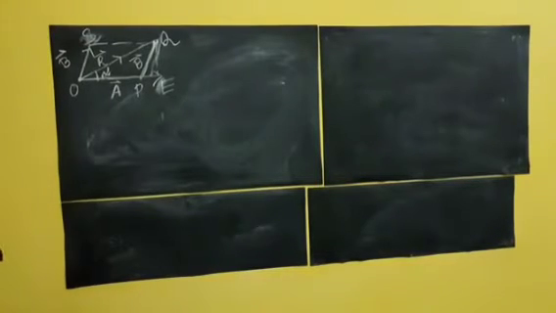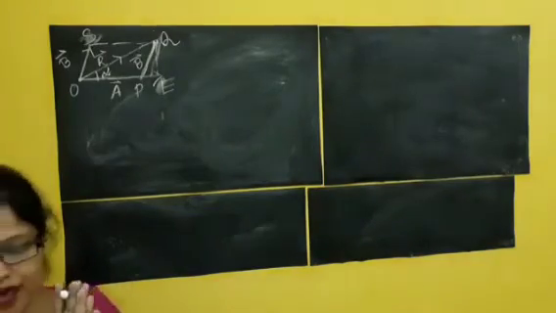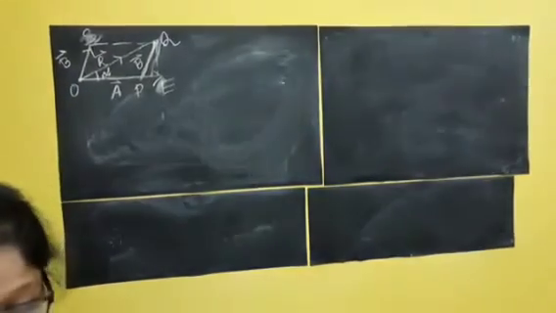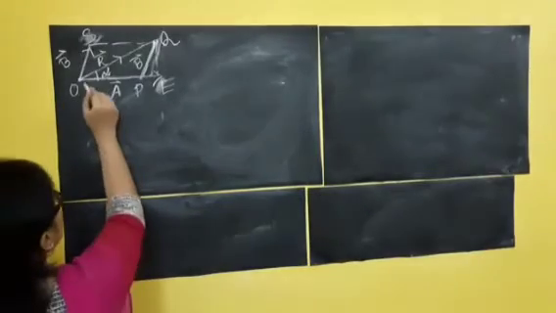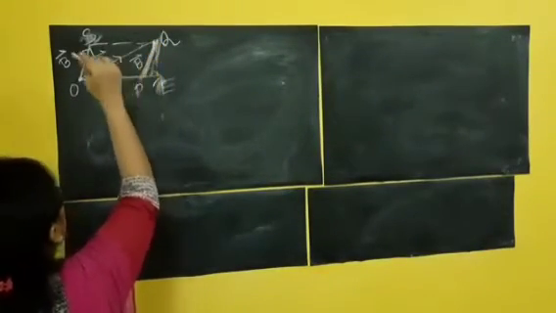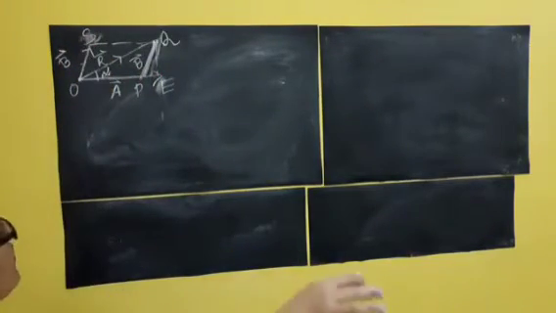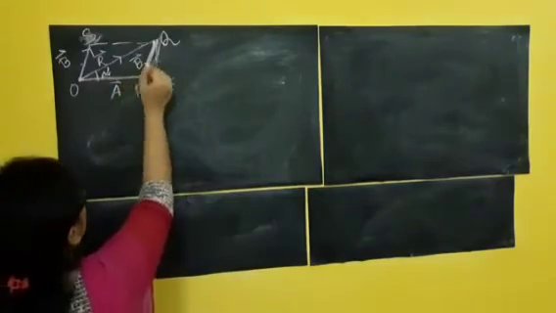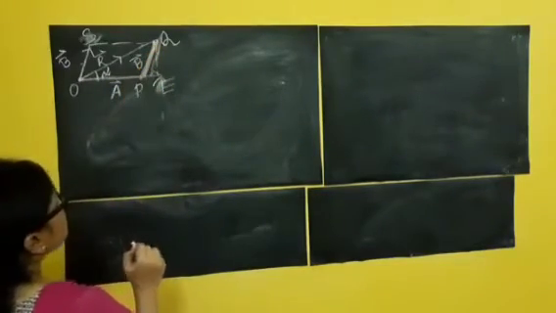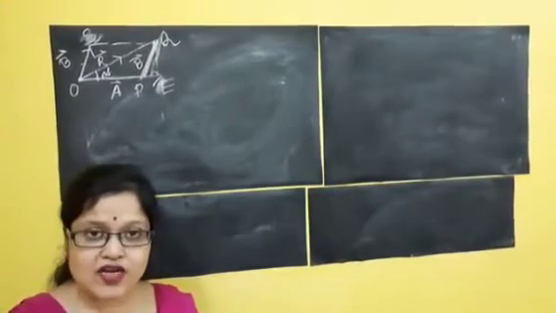Done. So how will I get the resultant? As a whole, if you see it as a whole, see properly, this is one vector and this is another vector. I know this is the direction, but if I think about the magnitude, this is one vector, this is another vector. So actually it is something like the triangular law of vector addition.